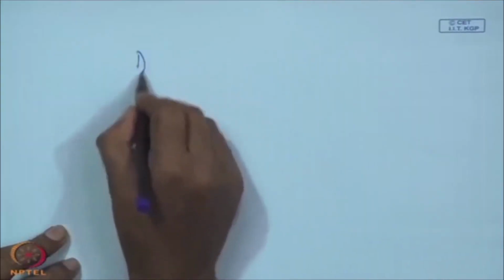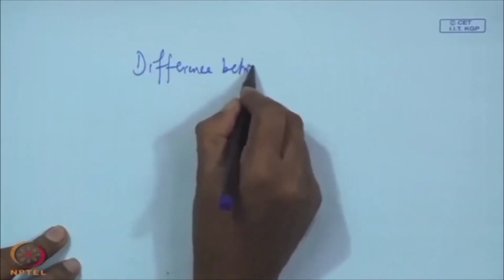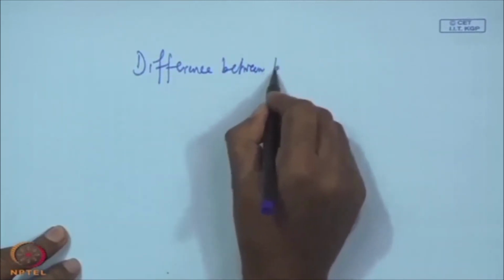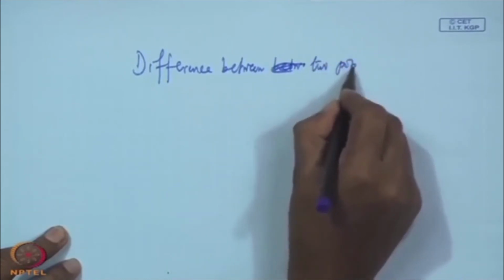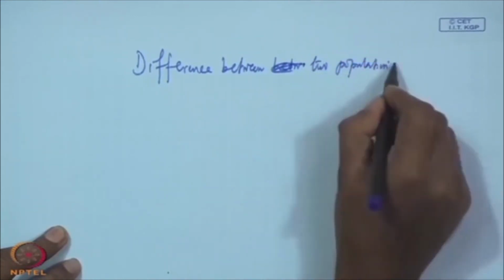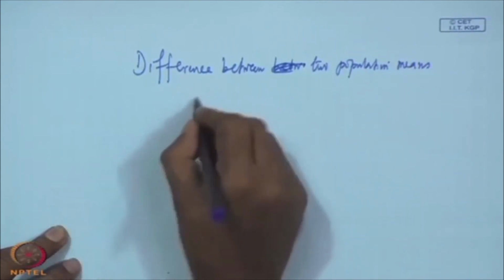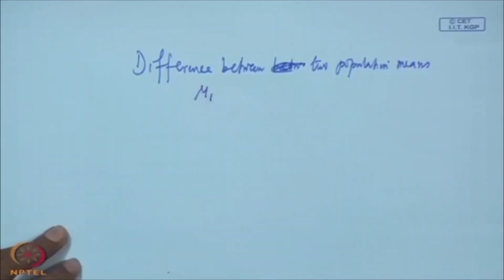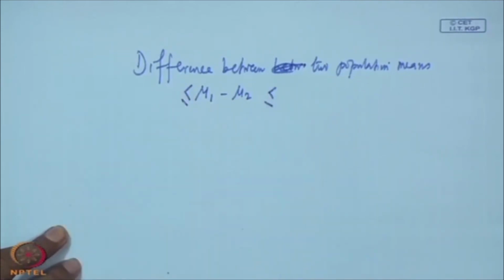For example, you are now creating one variable here. Suppose you want the difference between two population means. If population 1 has mean mu 1 and population 2 has mean mu 2, you want to find a confidence interval for this.